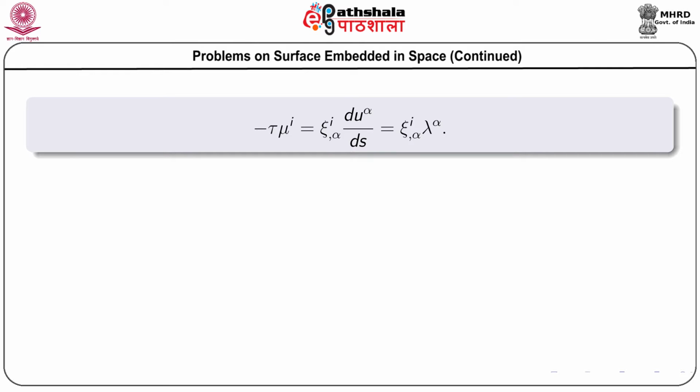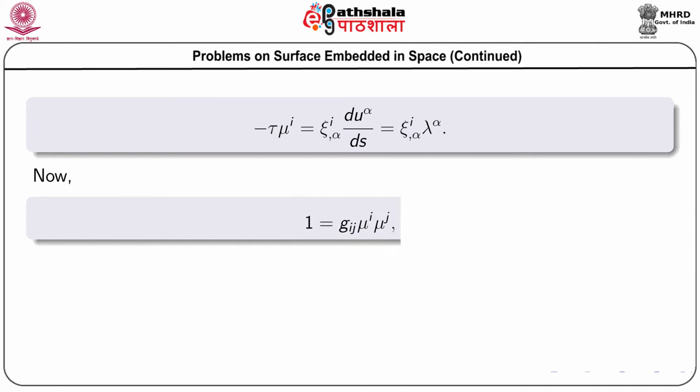So, this becomes xi I comma alpha lambda alpha. Now, we know that mu I, the components of the binormal, are the components of a unit vector. So, g I j mu I mu j equals 1.